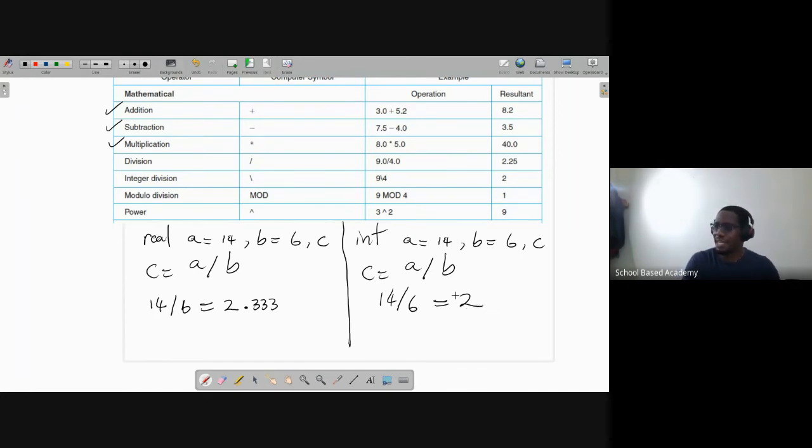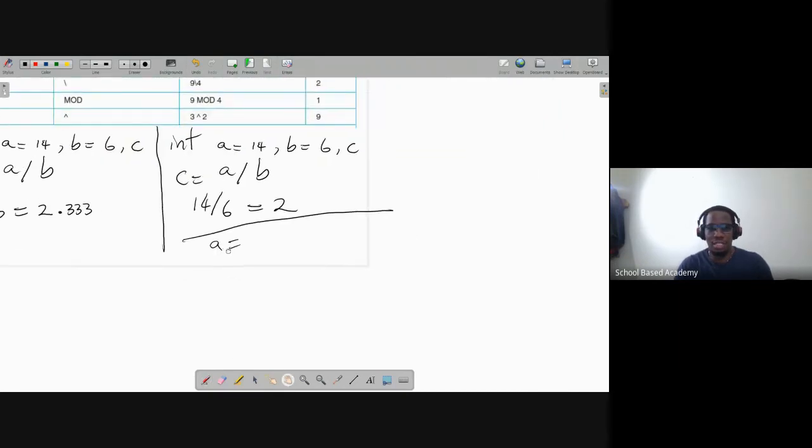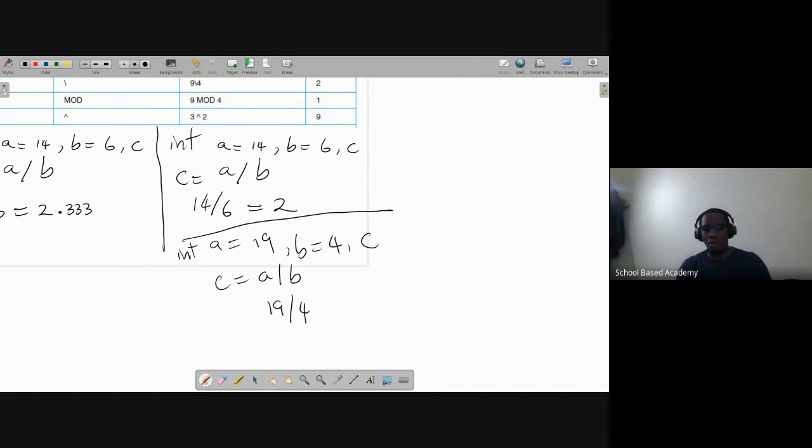It does not matter if, for instance, we do another one. Again, we're doing integers. So we start off int A is equal to 19, B is equal to 4, C is equal to A divided by B. We have the data type of integer. So 19 divided by 4 is going to be equal, in this case, to 4.